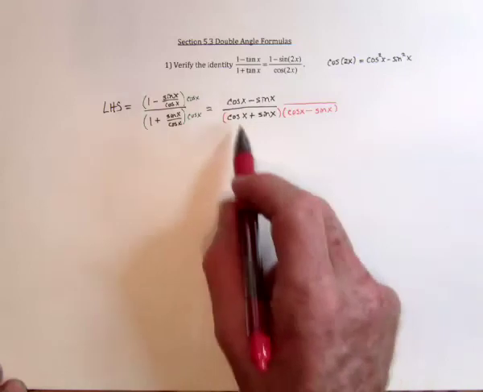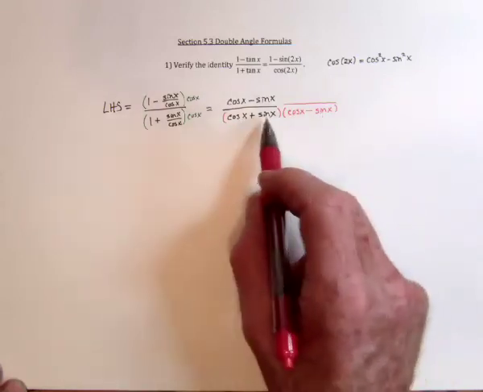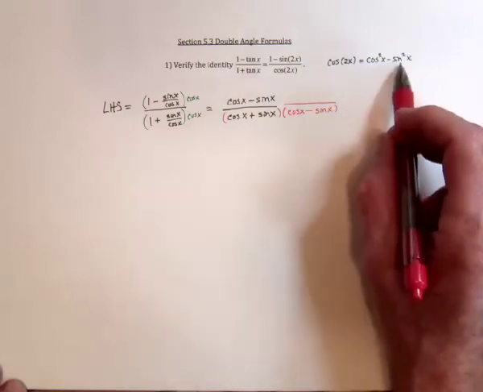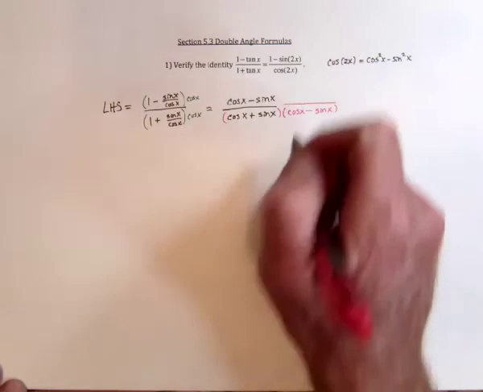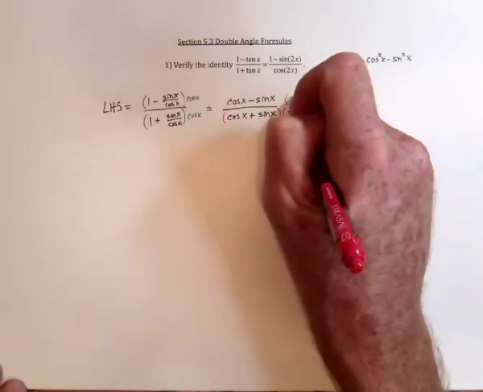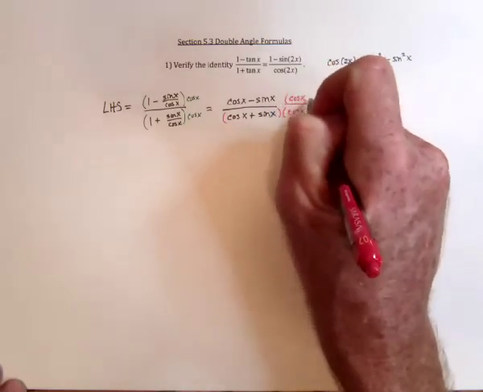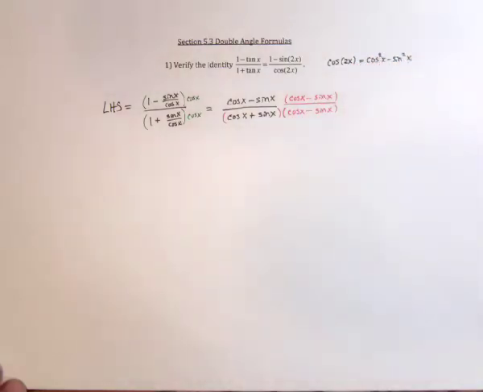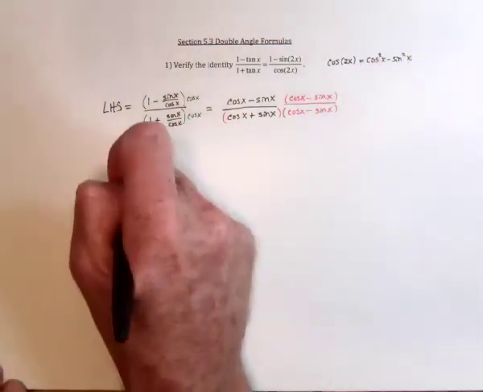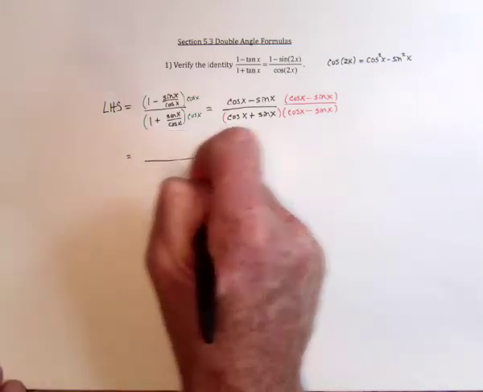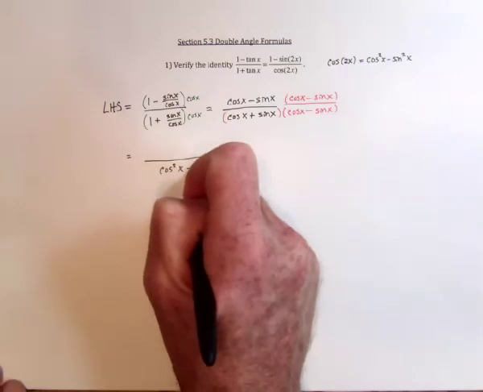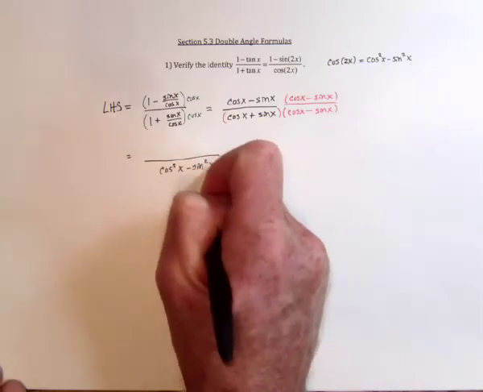The middle terms would cancel out, and then the last term would be sine times negative sine, which would be the negative sine squared. So that works for the denominator. But whatever you do to the denominator, you need to also multiply the numerator by the same thing. So the denominator, I've already multiplied that out. It's going to be cosine squared of x minus sine squared of x.